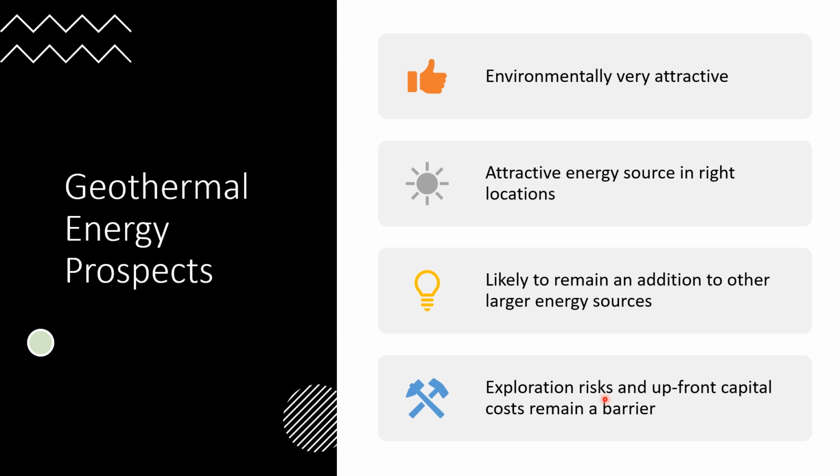So if the system configuration is not carefully designed, there is a big risk, because you're dealing with high pressure and high temperature water and steam out of the earth. And then cost, capital. So these are the limitations or downsides.